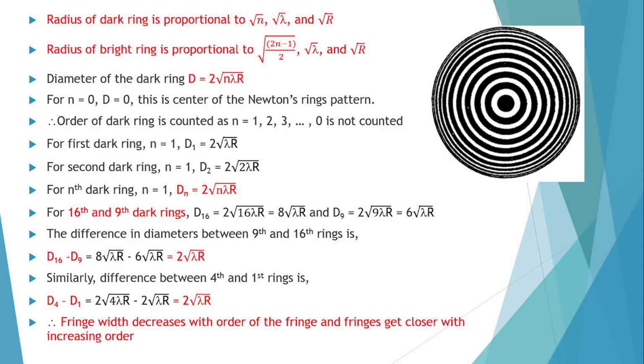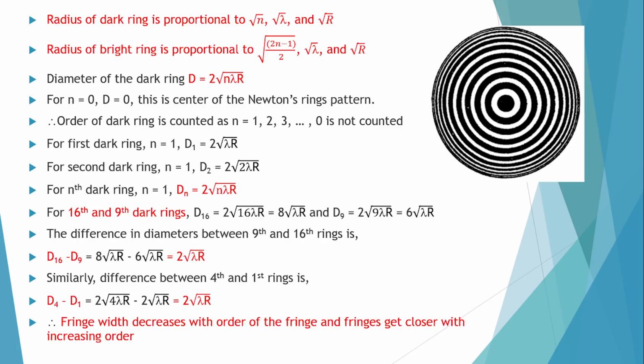So it is observed that the more the wavelength, the more will be the radius of the rings. And again, it is important to note that the flatter the plano-convex lens, that means the more the radius of curvature of the lens, the more will be the radius of the rings produced in the interference pattern.